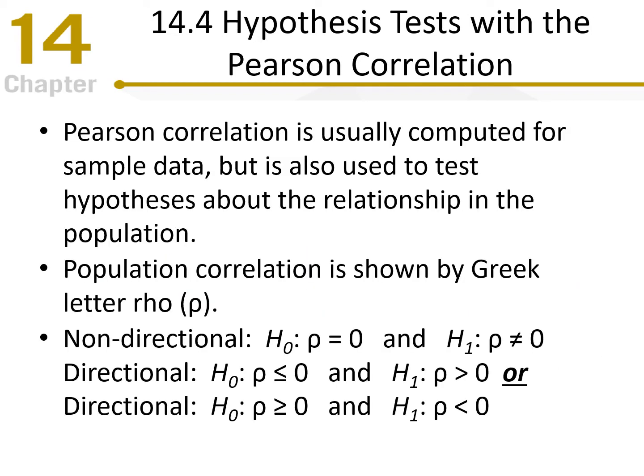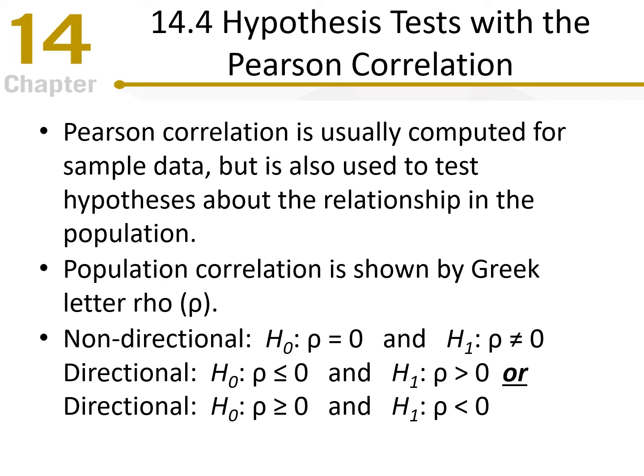Now, if I'm testing the Pearson correlation coefficient, I'm using my sample and I'm testing the correlation coefficient in the population. So the population correlation coefficient is given by the Greek letter rho, which is that little p symbol. The sample correlation coefficient is r. So I'm always testing against 0.